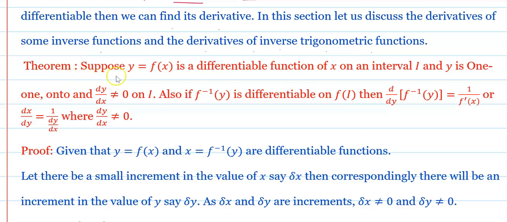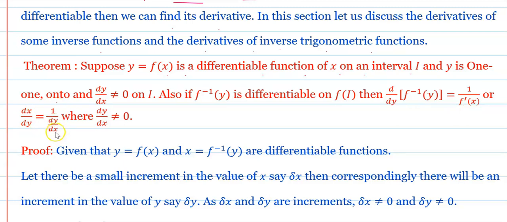And that's why this is also a very important theorem. Suppose y is equals to f of x is a differentiable function of x on an interval I, and y is one-one onto, and dy by dx is not equals to 0 on I. Also, if f inverse of y is differentiable on f of I, then d by dy of f inverse of y is equals to 1 upon f dash of x. dx upon dy is equals to 1 upon dy by dx.